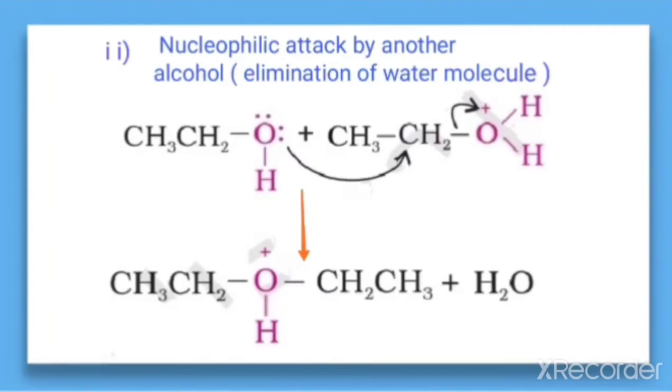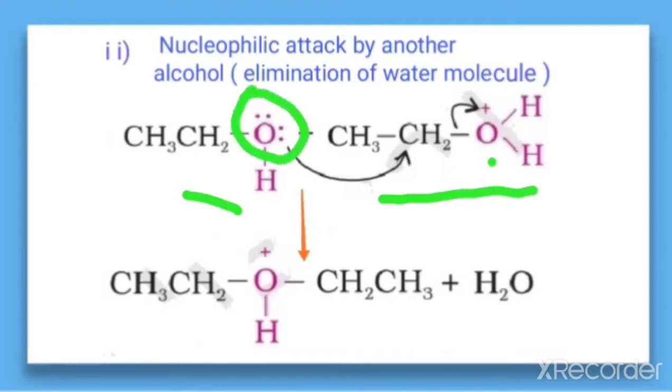In the second step, there is nucleophilic attack by another alcohol. This is the protonated alcohol which is formed in the first step. Now another molecule of alcohol attacks the protonated alcohol, because there is a positive charge on the oxygen, and here there is a lone pair on oxygen.